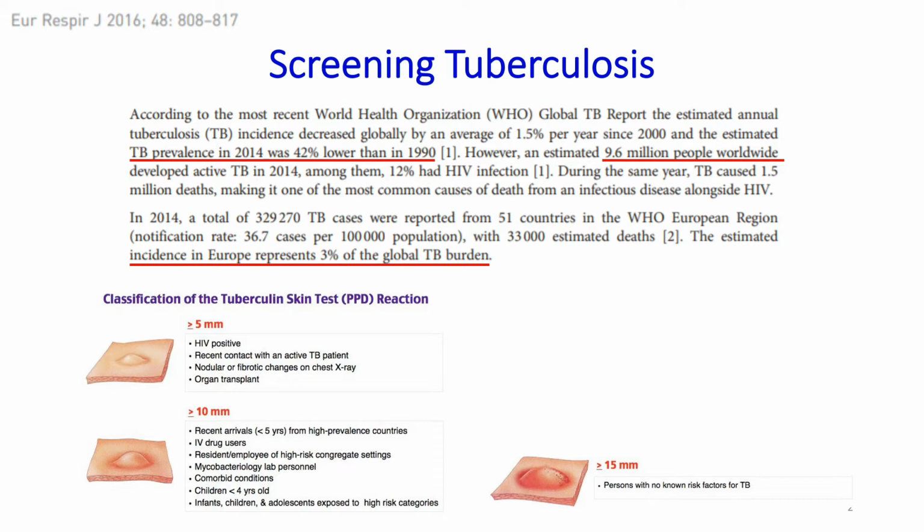Then, based on the history of a patient, they can prognose whether there is a risk or not for tuberculosis infection. However, that has been proven to be very unspecific and by far not sensitive.